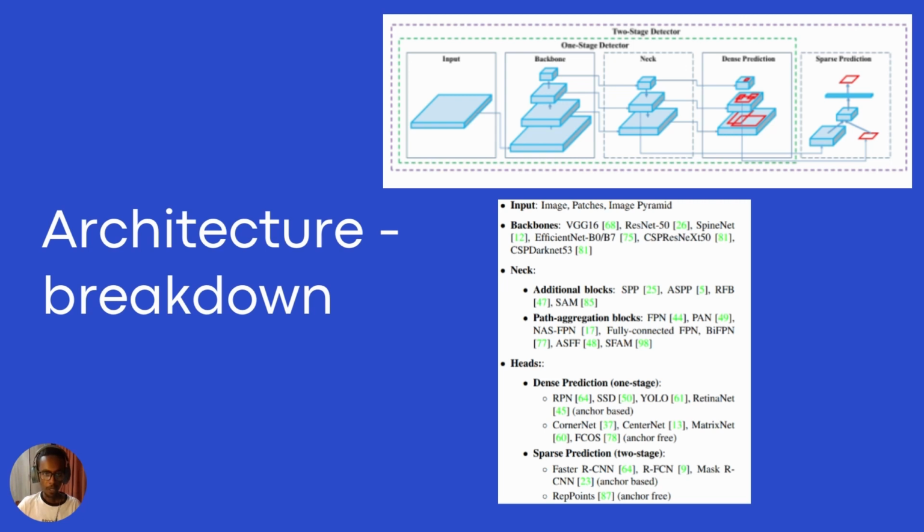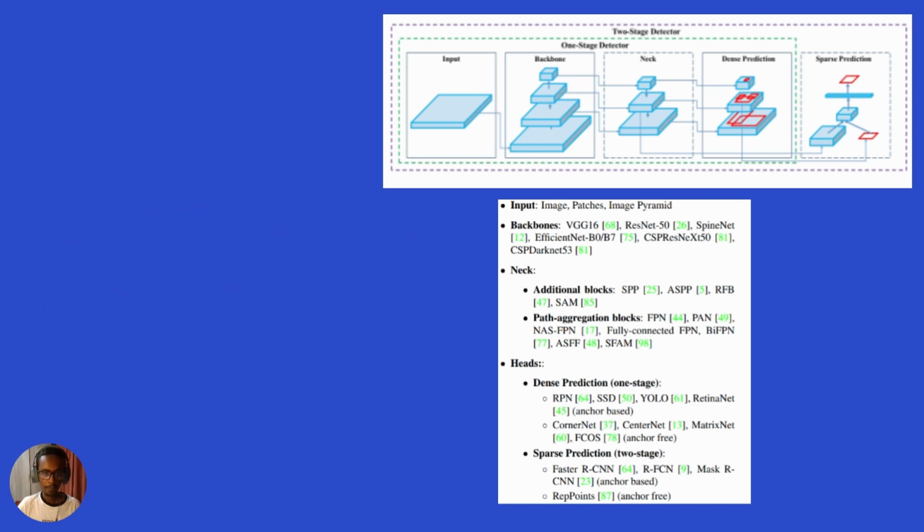On the backbones, they've tried a lot of different networks that could be implemented in order to enhance the performance. On the neck part of the network, they've tried some additional blocks like SPP and spatial attention modules. And for the path aggregation, they tried the FPN, PAN, and other path aggregation networks. And on the head part of the network, they didn't modify anything. They just used the one that was implemented for YOLOv3.